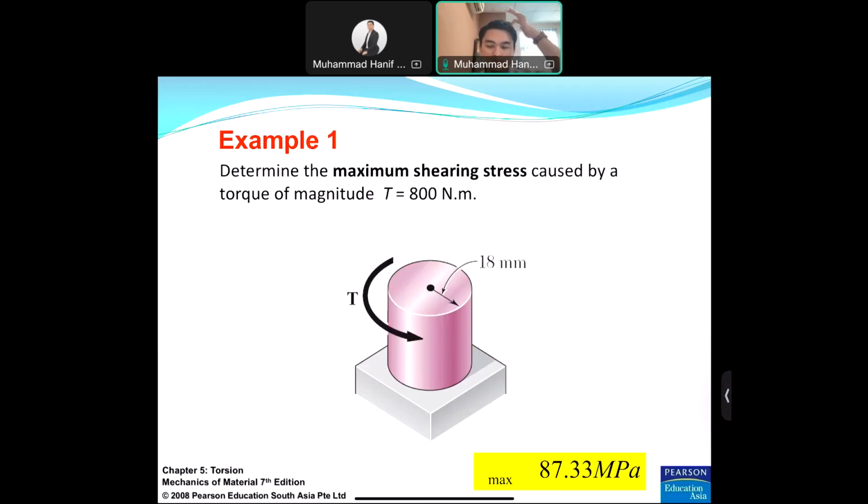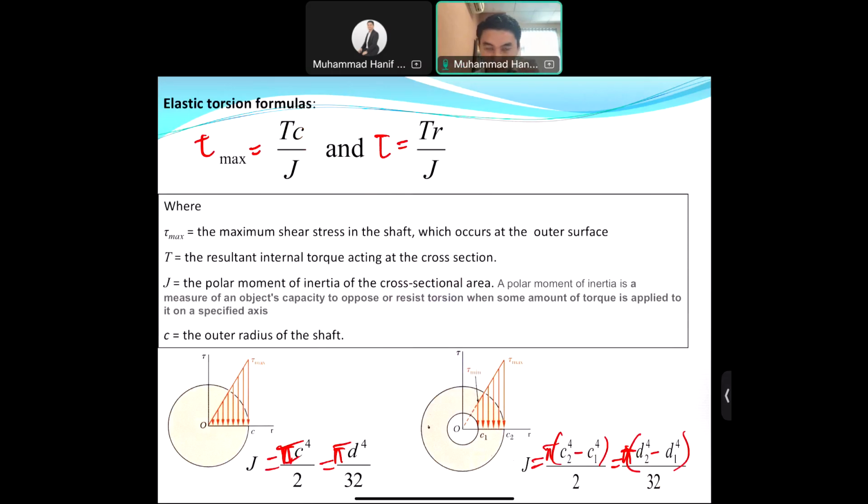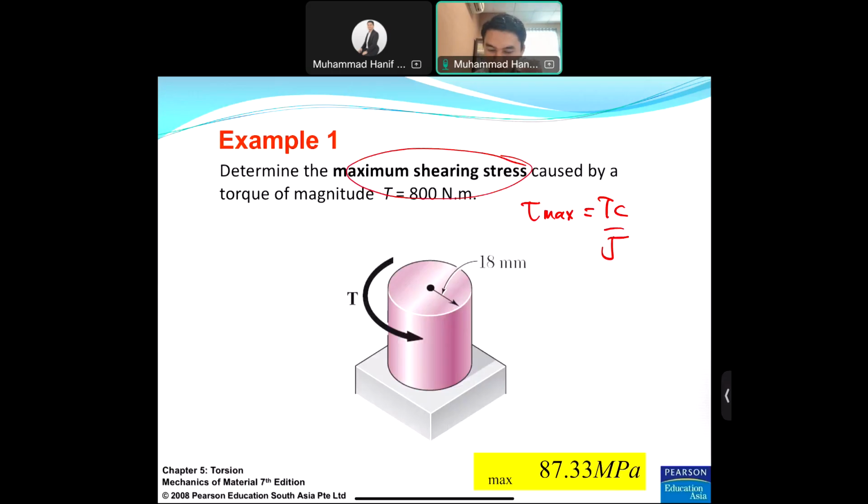Before we end part one, let's go to example one. It's very straightforward, so I just give an idea and then you can solve it. You have to find the maximum stress, so you just apply tau maximum equal to Tc over J. T is given, so just substitute T. Make sure the units are correct; if not SI units, you have to convert into SI units on the spot.